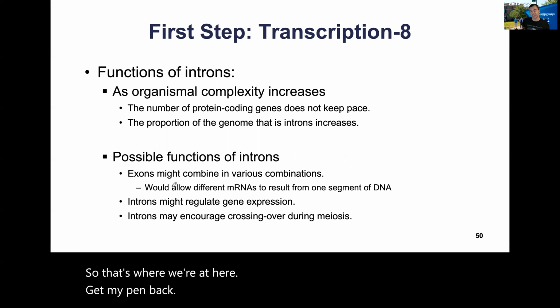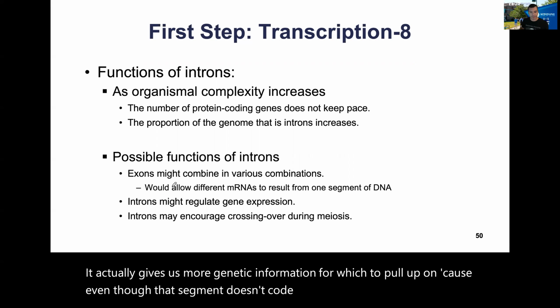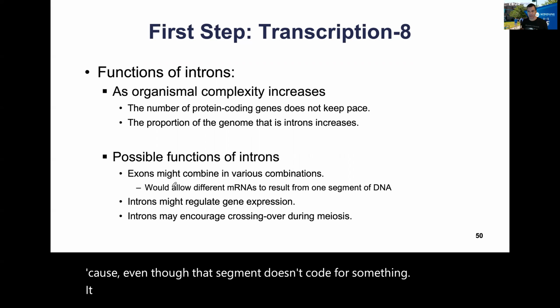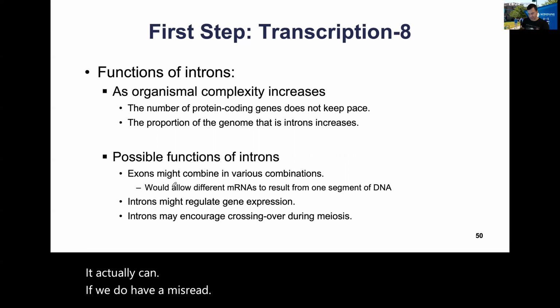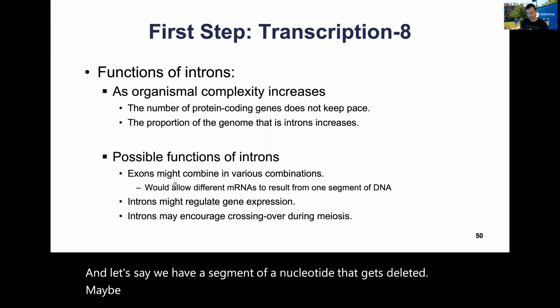Introns can potentially do some things. It actually gives us more genetic information to pull upon, because even though that segment doesn't code for something, if we do have a misread, and let's say a segment of a nucleotide gets deleted, then maybe that first letter of the intron will move up and now it'll be translated.